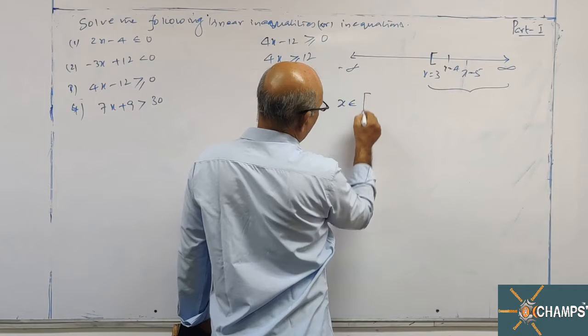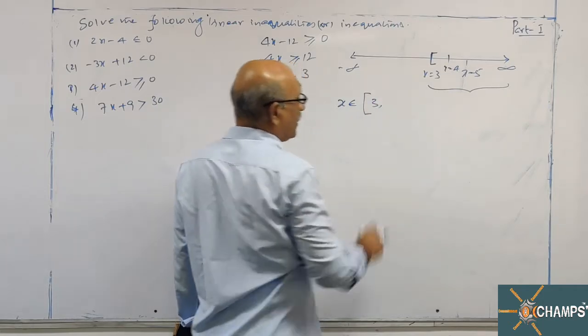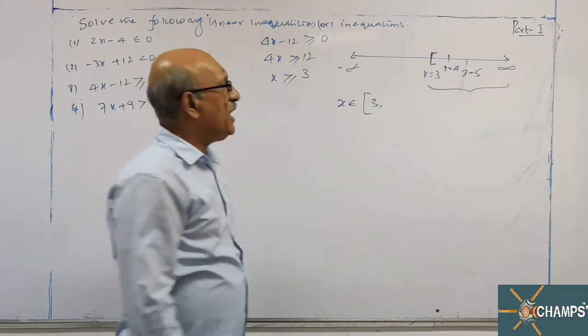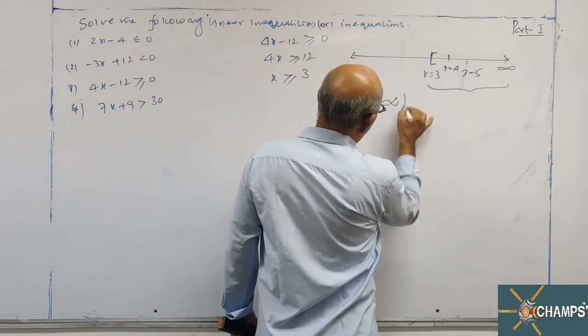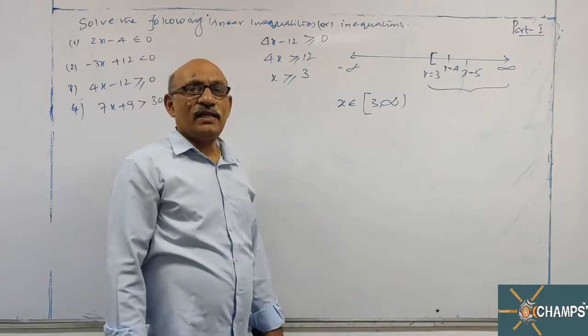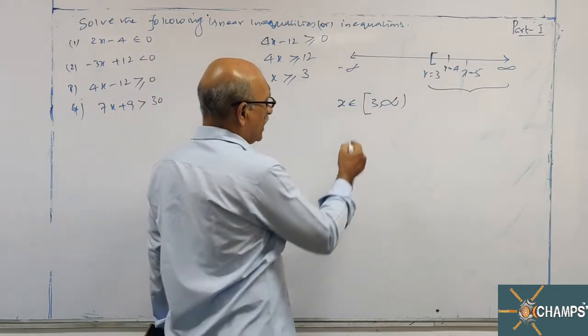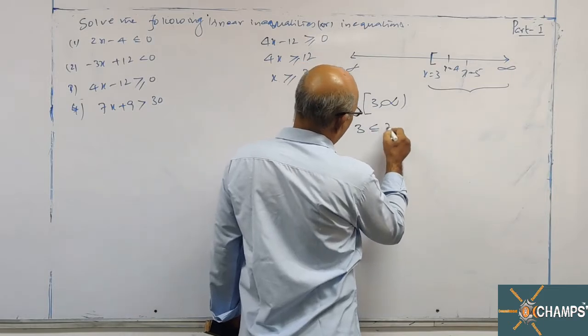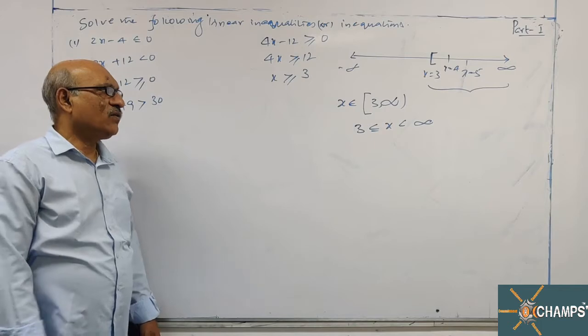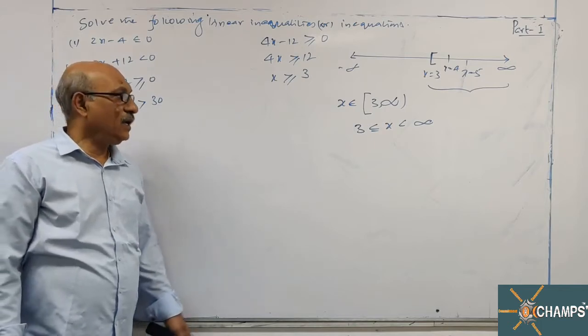X belongs to closed interval. Here 3 is closed, so square bracket. Infinity is ignored, therefore open. You write the answer as 3 to infinity, or you can write 3 less than or equal to x, x less than infinity.